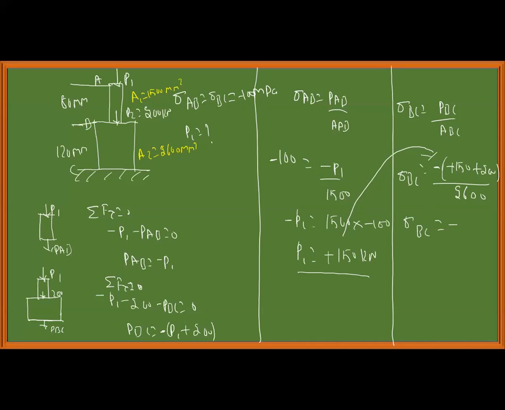What is sigma BC? No, it's 150 plus 200 by 2600. You have to do into 10 power 3. 150 kilonewton, right? 150 plus 200 into 10 power 3.